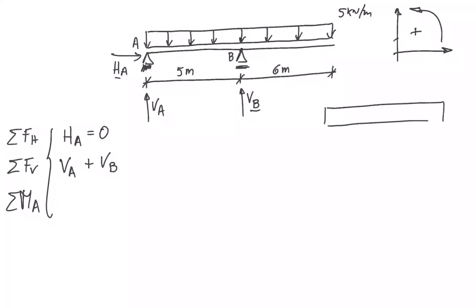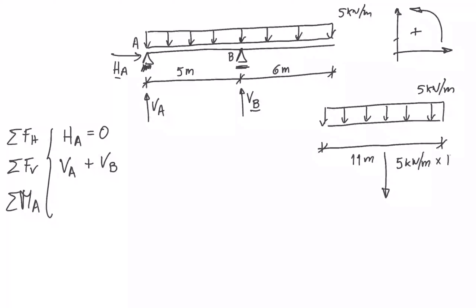So let's look a little bit more carefully at this distributed force. It's equivalent to 5 kilonewtons per meter, so it's not quite a force, it's a force per unit of length, and it's applied over a total of 11 meters. So the resultant of this force for reactions, this whole force, is equivalent to 5 kilonewtons per meter times 11 meters, meaning 55 kilonewtons.